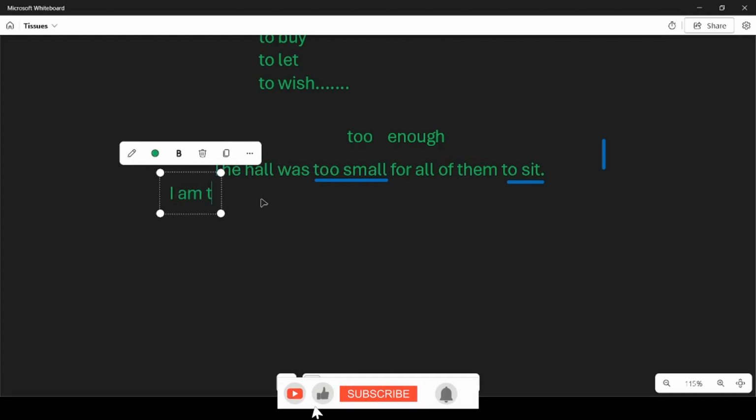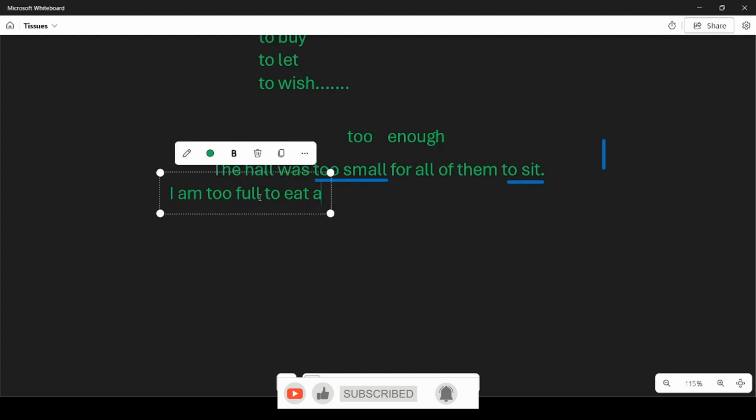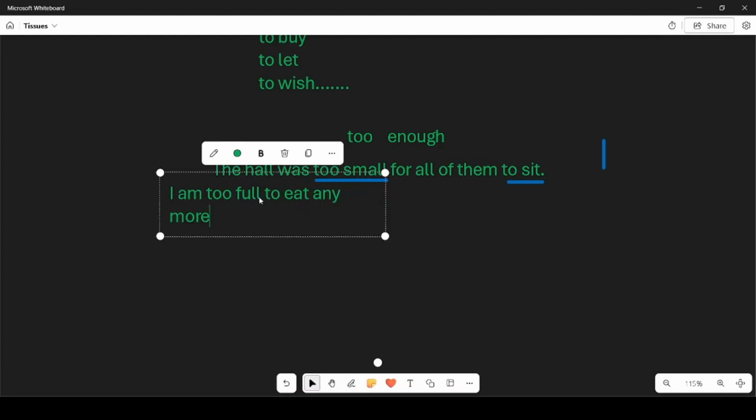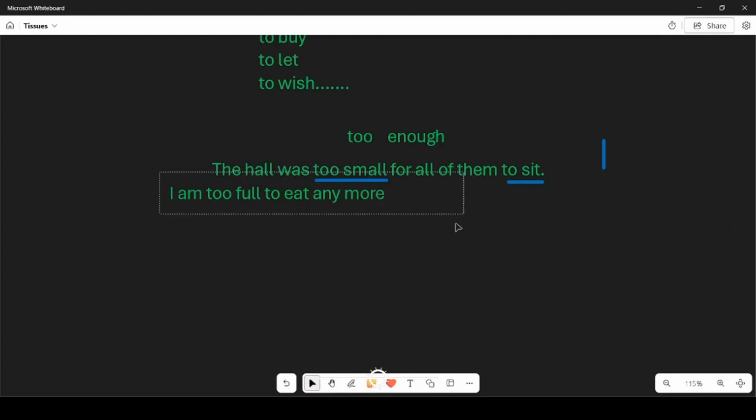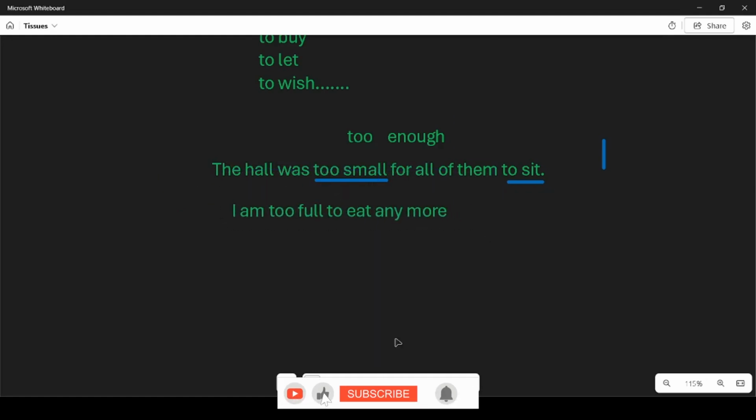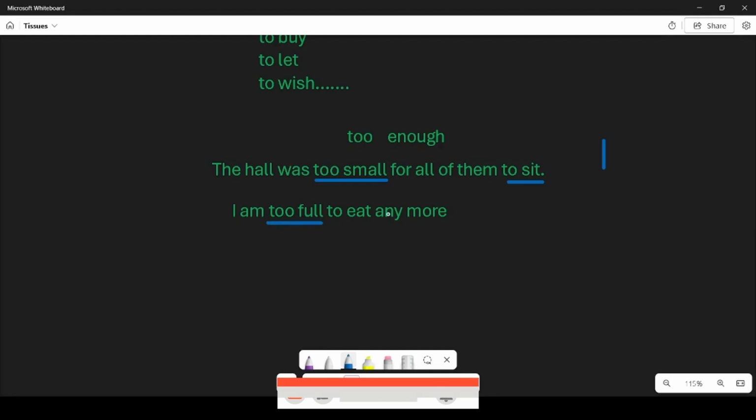I am too full to eat anymore. So you can see over here I have "too full" and "to eat." So we often use "too" and "to" together. I was very excited. I couldn't sleep. I was too excited to sleep.